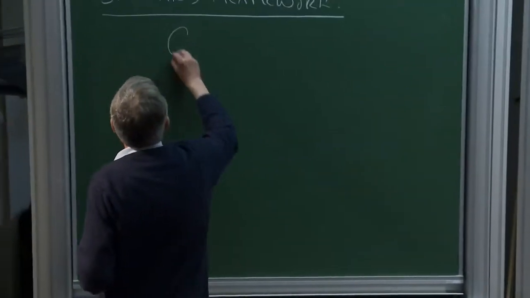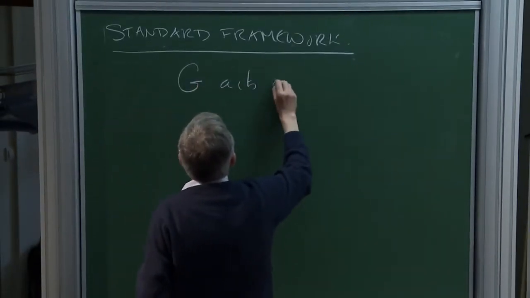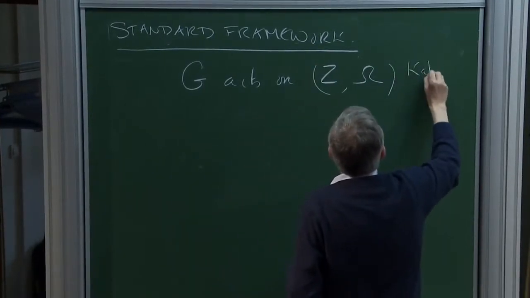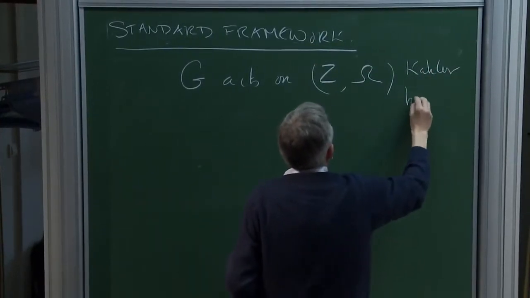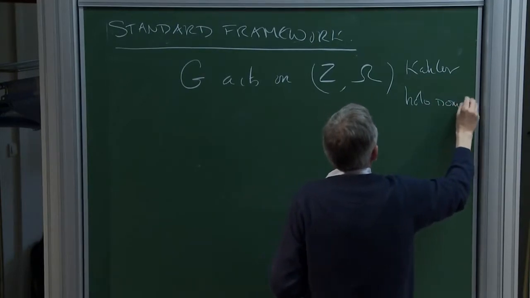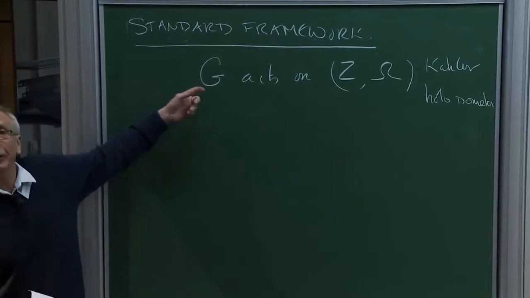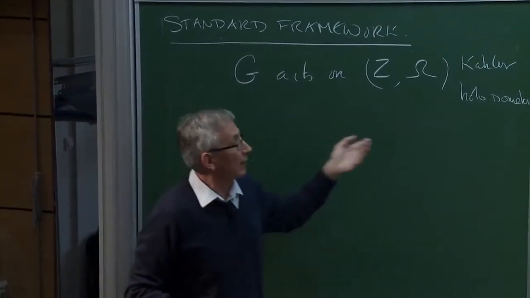So G acts on Z, omega, so it's the Kähler manifold, by holomorphic isometries. So we should think of, for the moment, G as a compact Lie group.